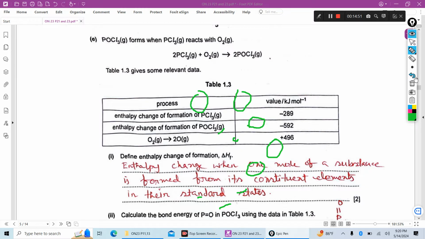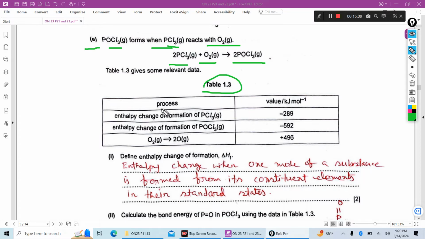Then phosphorus trichloride oxide forms when phosphorus trichloride reacts with oxygen, meaning phosphorus trichloride reacts with oxygen to form phosphorus trichloride oxide. Here, table 1.3 gives processes and their values.